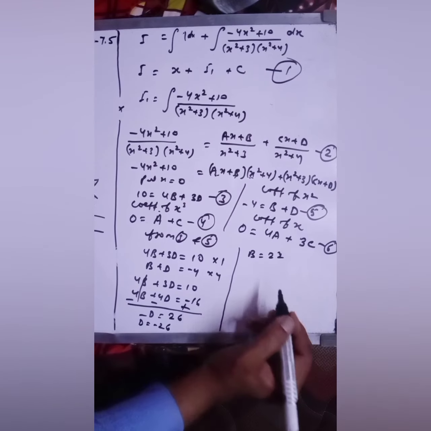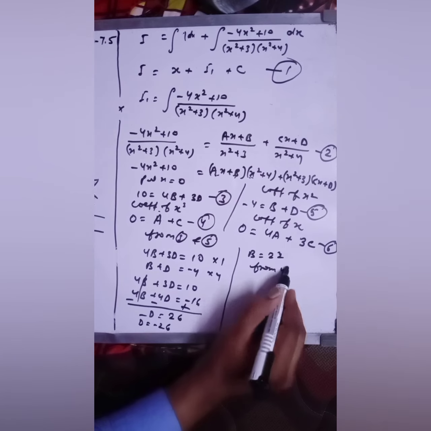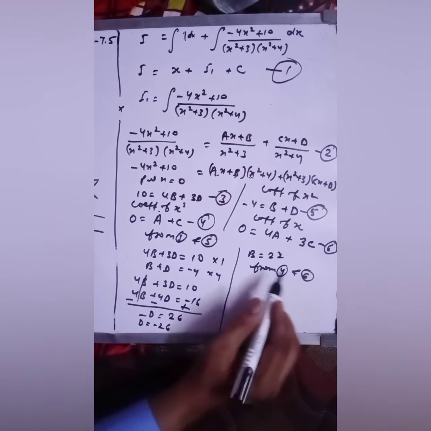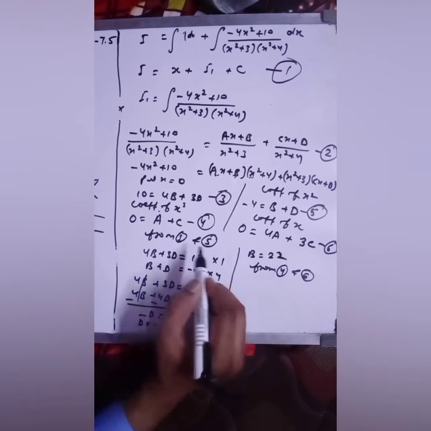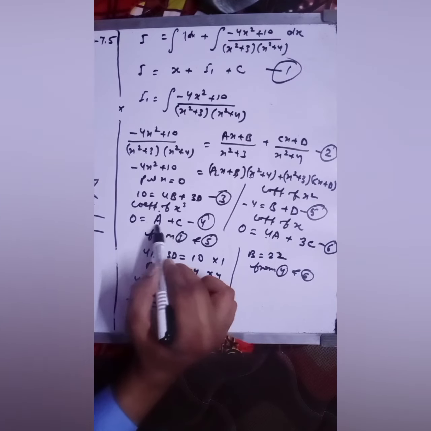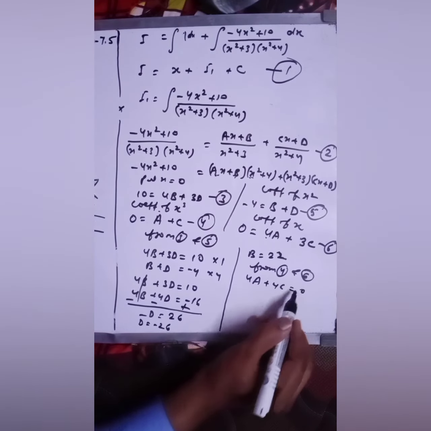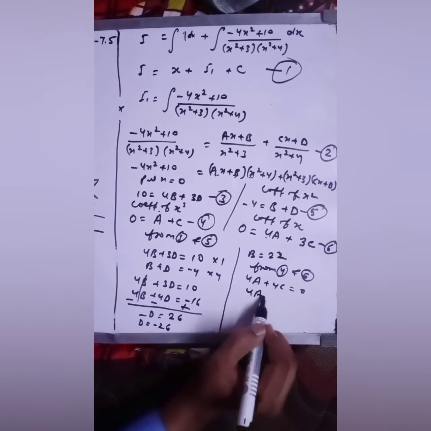Okay, and from equations 4 and 6, this is 22. Here this a plus c is coming, so I am just multiplying this equation by 4, so you will get 4a plus 4c, that is equals to 0, and you have to copy this one.